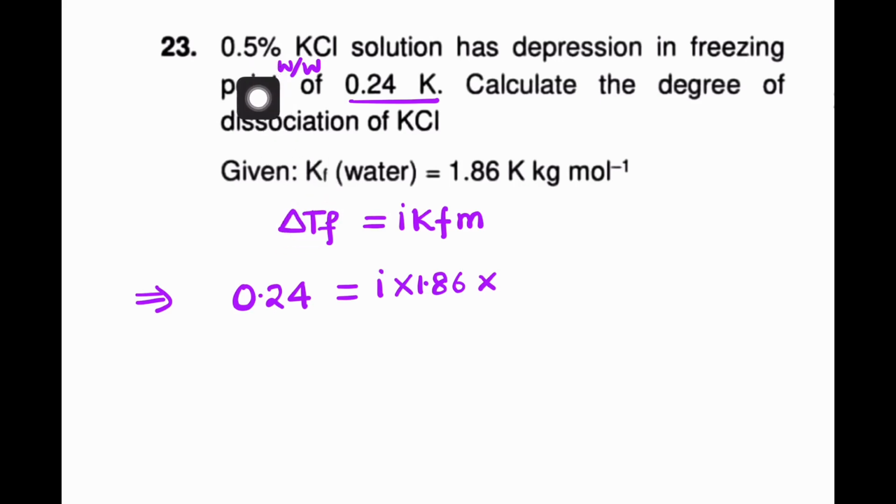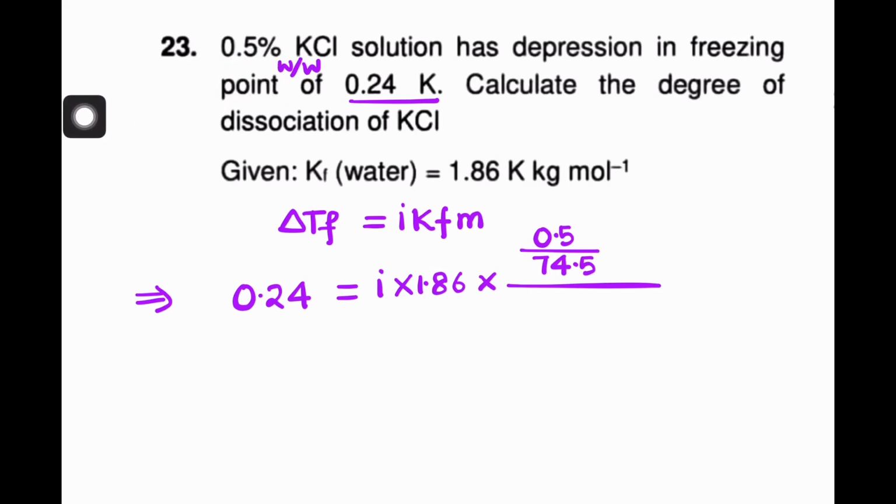So 0.5% weight by weight means 0.5 gram, and we need to convert this into moles. So the formula mass is basically 74.5. So this is the moles. Now 0.5 gram is present in 100 gram of solution.